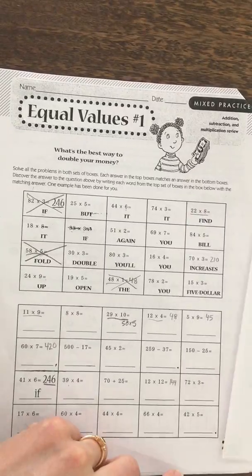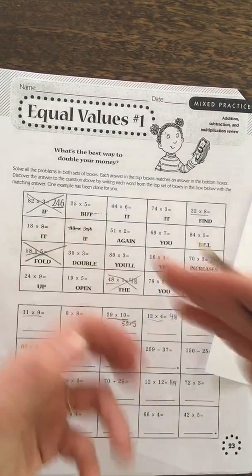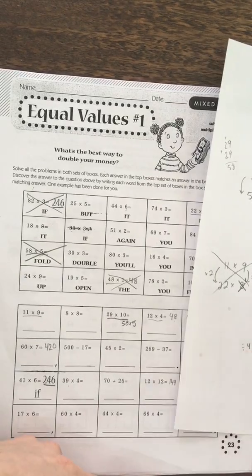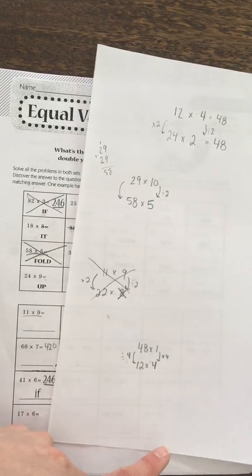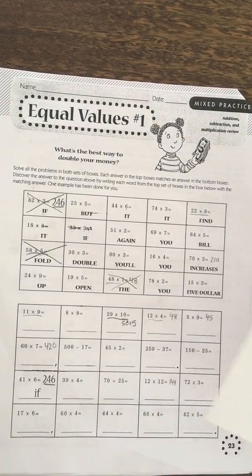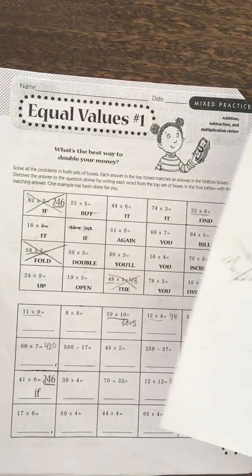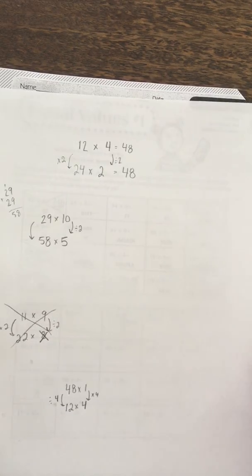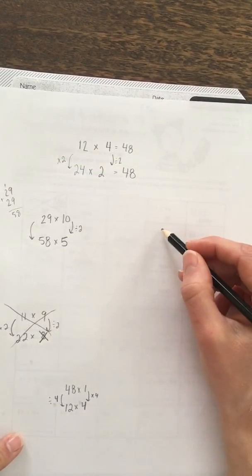Take a look and see if you can find other equivalent expressions. Some of them do not follow this pattern; they don't match through equivalent expressions, so in that case you're just going to have to solve some of them using whatever strategy you want. Remember, we have the area model.